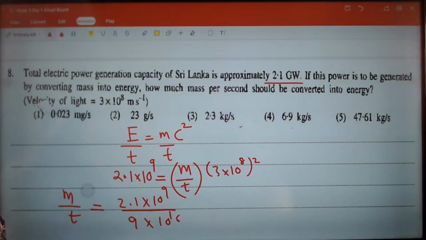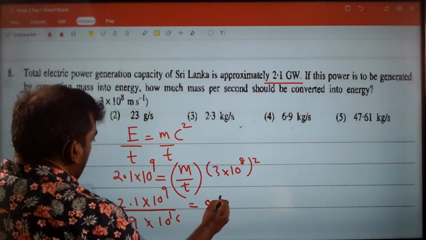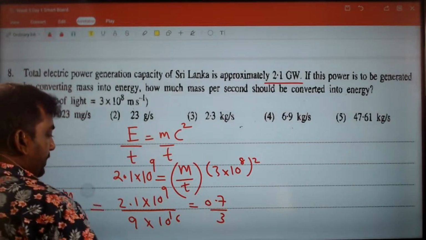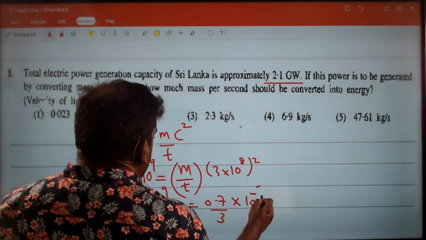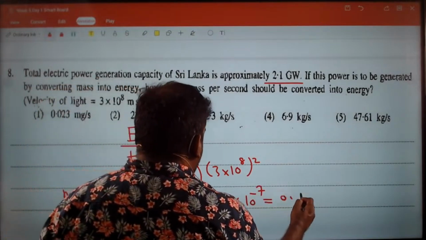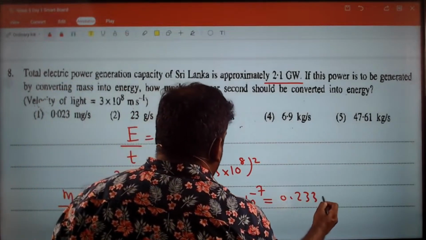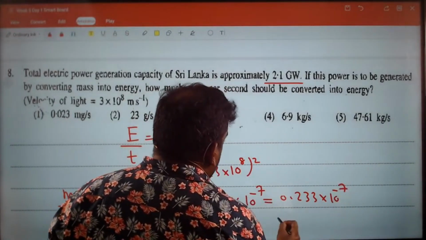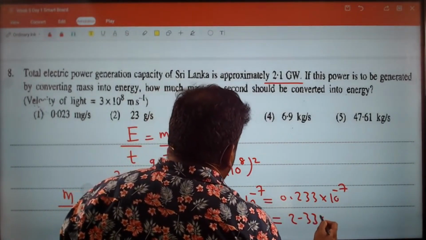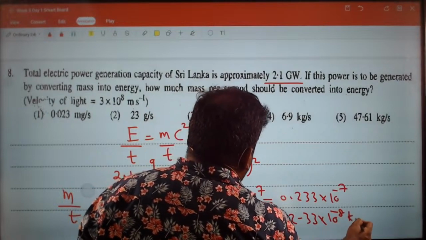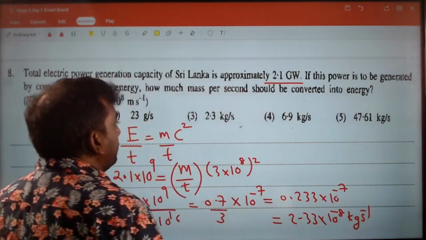Look at the board. Simplify this: 0.233 times 10 to the power minus 7, which is 2.33 times 10 to the power minus 8 kilogram per second.